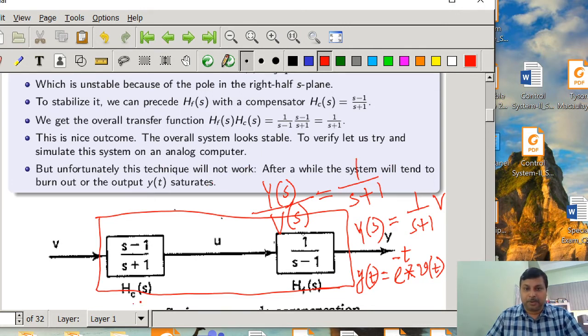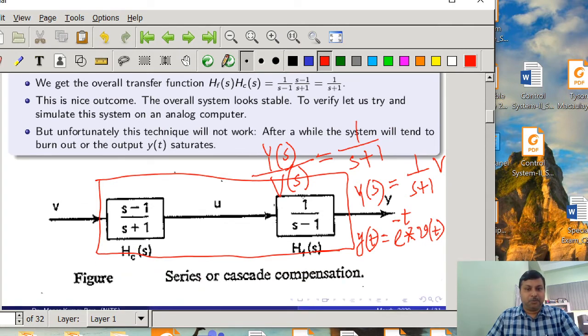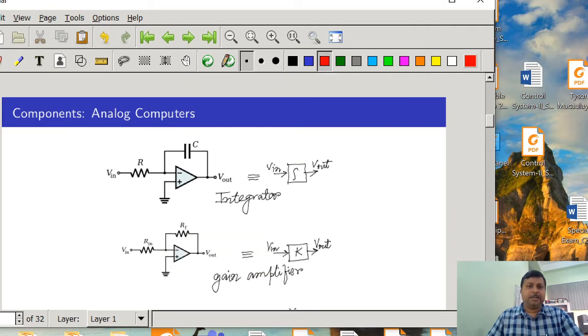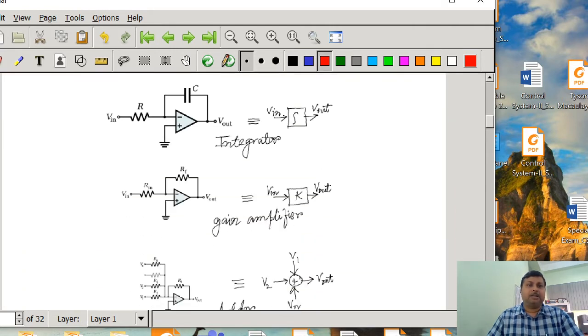To do that, we will try to implement this system using operational amplifiers. Then the question is: what building blocks are required from the operational amplifier? We will use three main components. The first is the integrator.